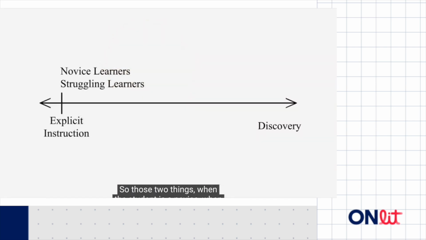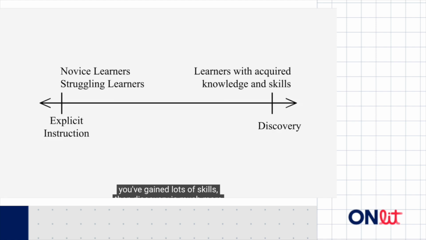So when the student is a novice, when the knowledge is new, explicit instruction would be desirable. But after you've gained lots of information and lots of skills, then discovery is a much more viable option, but only after you had explicit instruction.